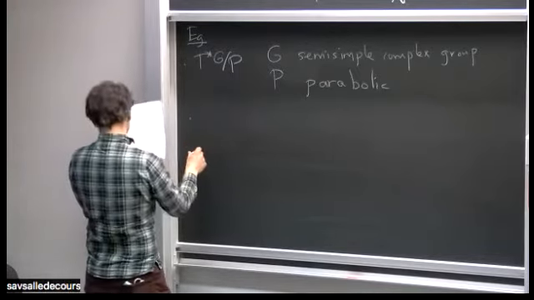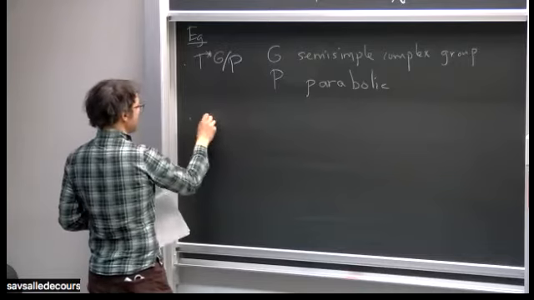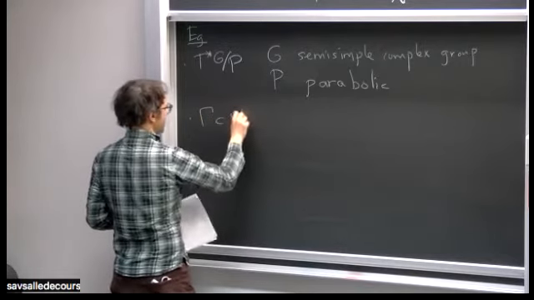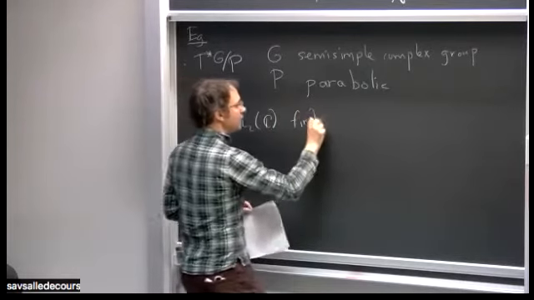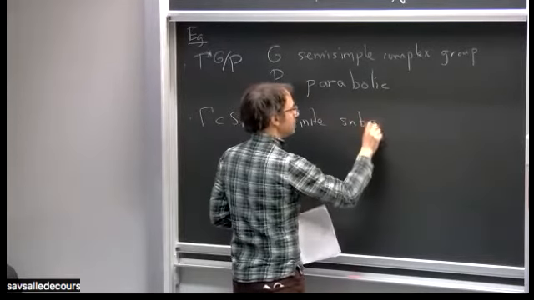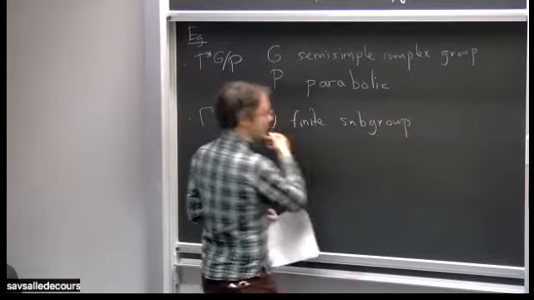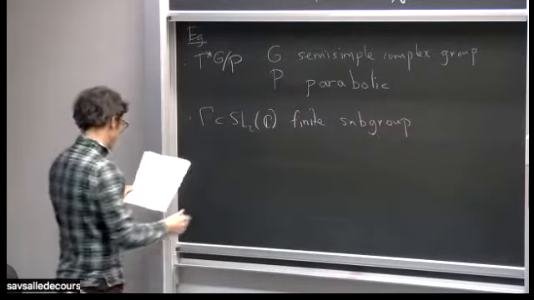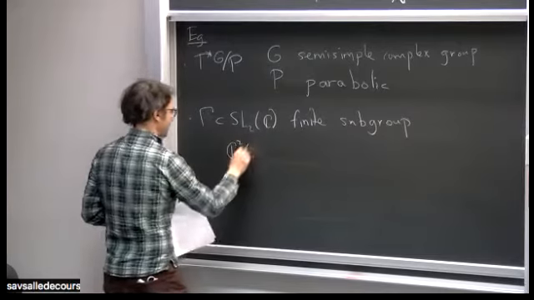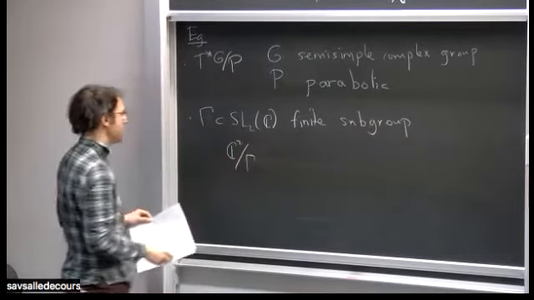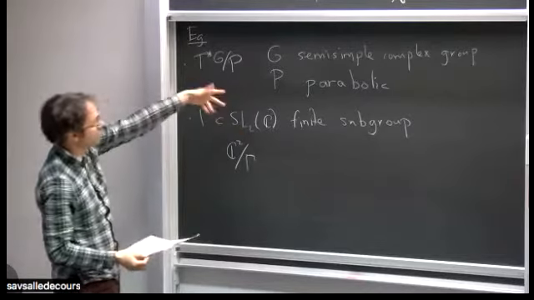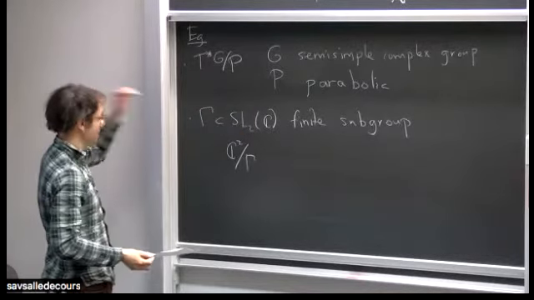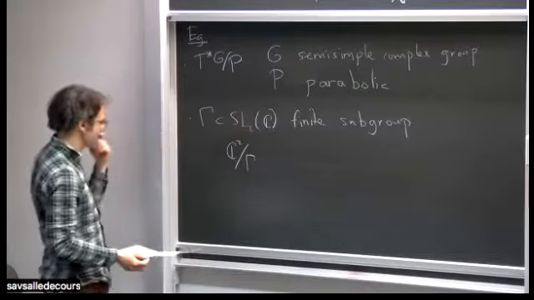Okay, another example is if you take gamma inside of SL2C, a finite subgroup, classified by the McKay correspondence. Then form the quotient of C2 by that gamma. Because it's in SL2, it preserves the standard symplectic structure on C2.